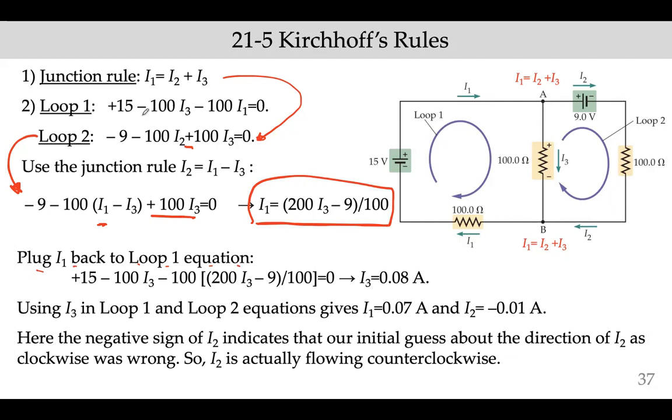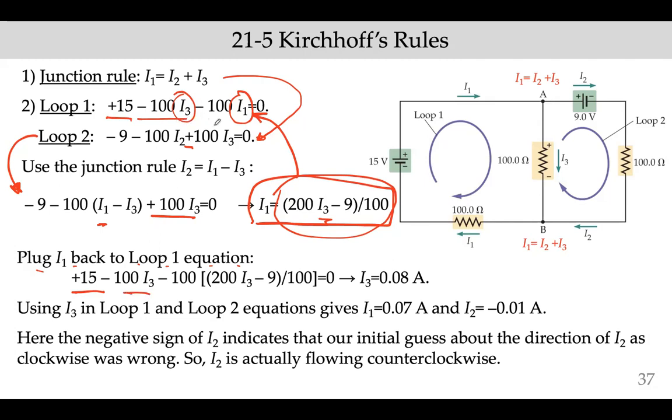Now, if you look at the loop 1 equation, there are 2 variables, I3 and I1. But if I plug this expression into here, the loop 1 equation will be only in terms of I3, because this only depends on I3. So now the loop 1 equation becomes plus 15, -100 I3, well, we will keep I3.